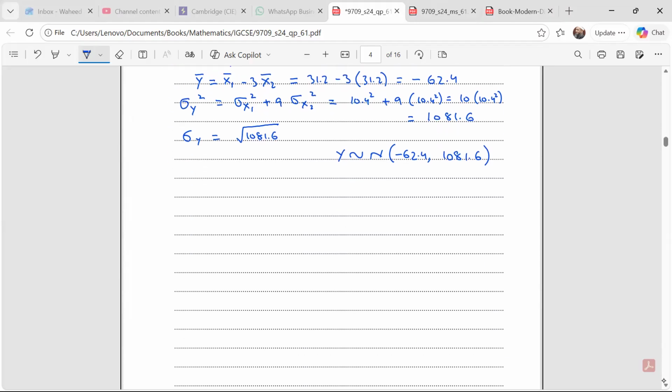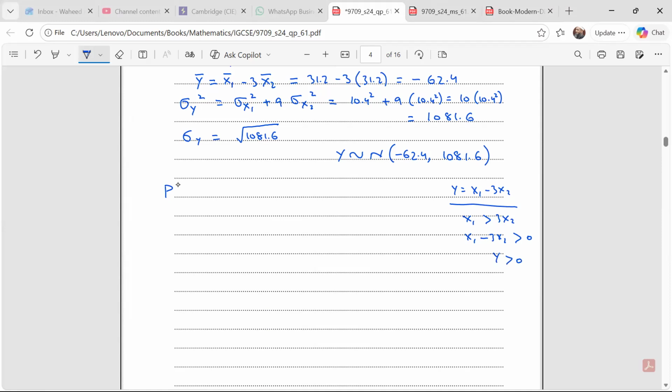Now we need to find the probability. Remember, we said that y is equal to x1 minus 3x2. So you can see that if x1 is larger than 3x2, it means that x1 minus 3x2 is positive, and x1 minus 3x2 is y, so y is positive.